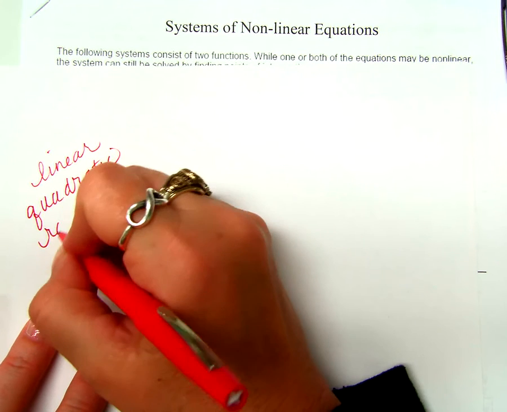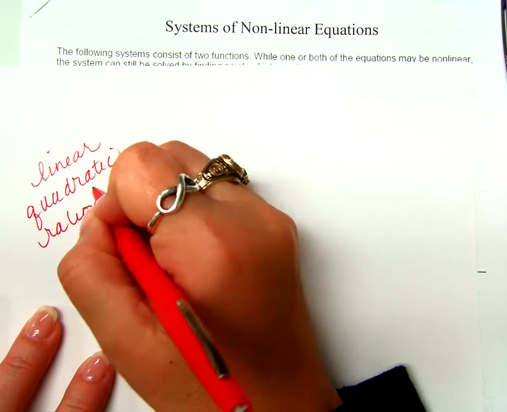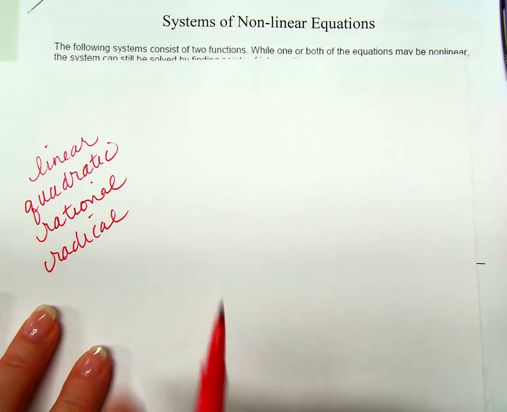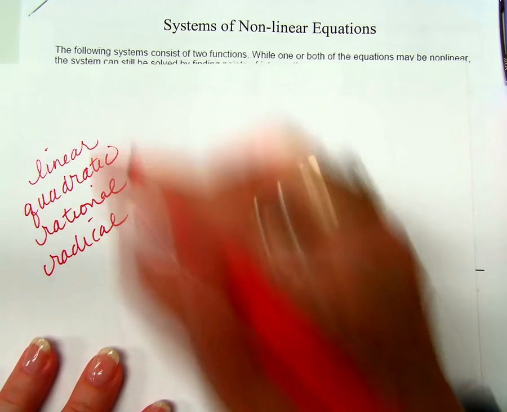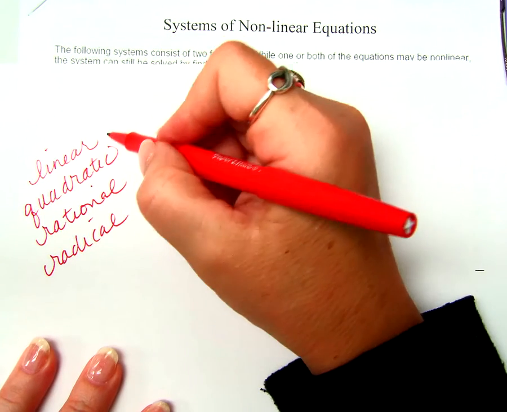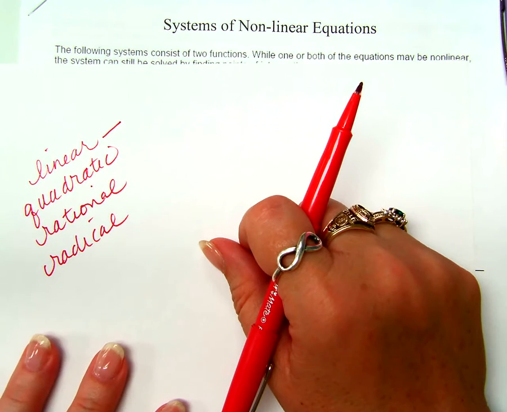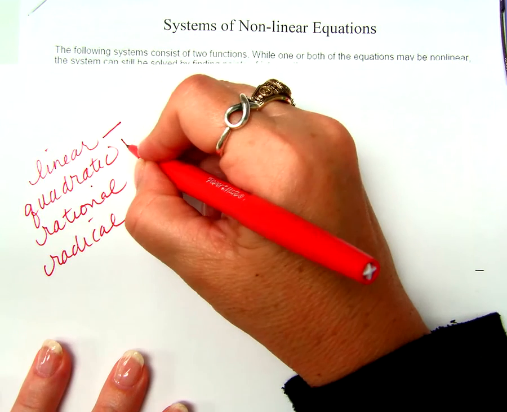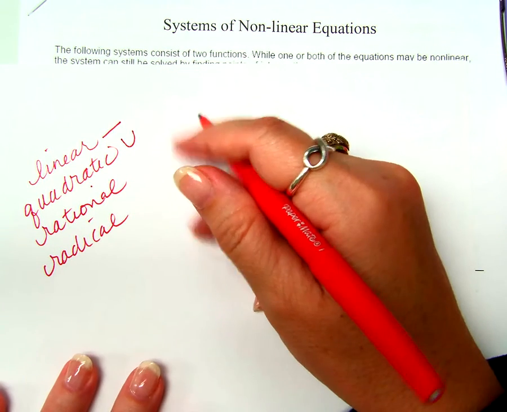We've got rational. And we've got radical. So thinking about what those 4 look like, linear is a line, okay? Quadratic is a parabola, right? So like this, maybe.